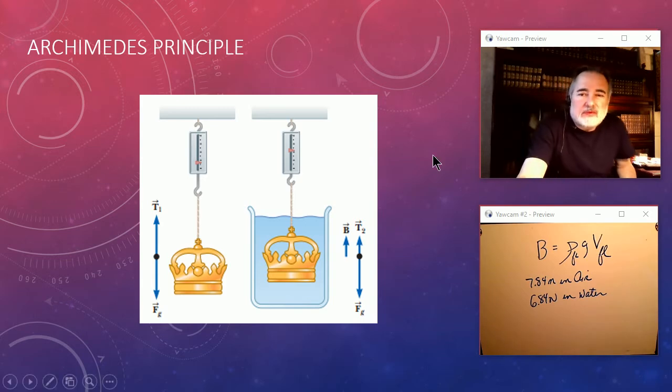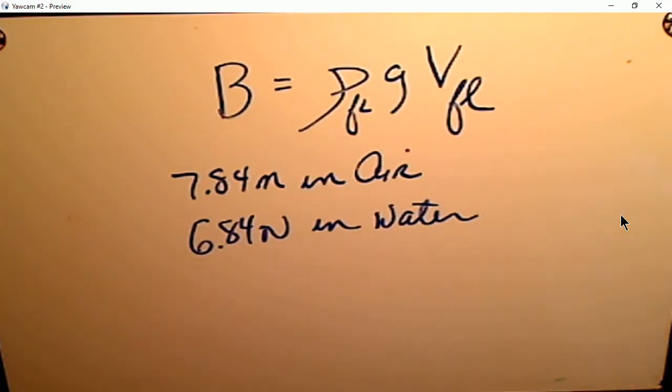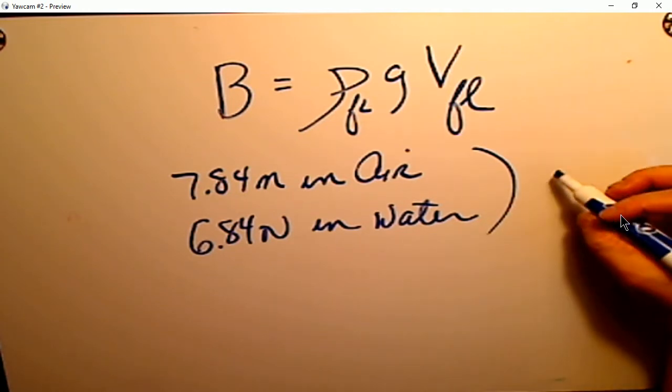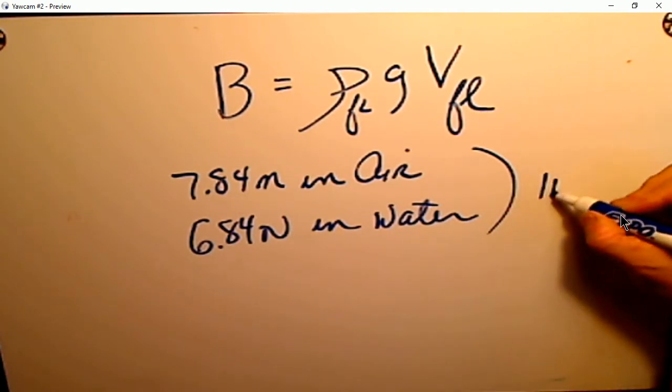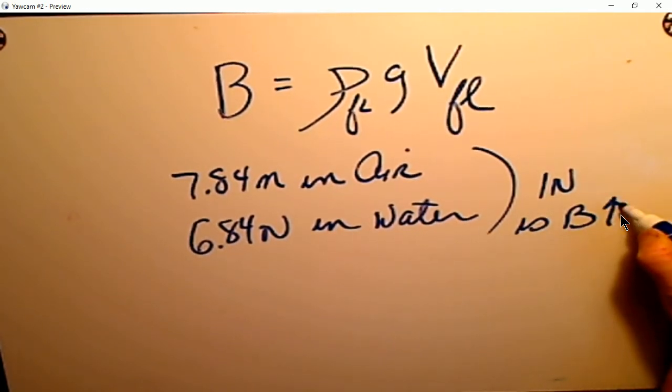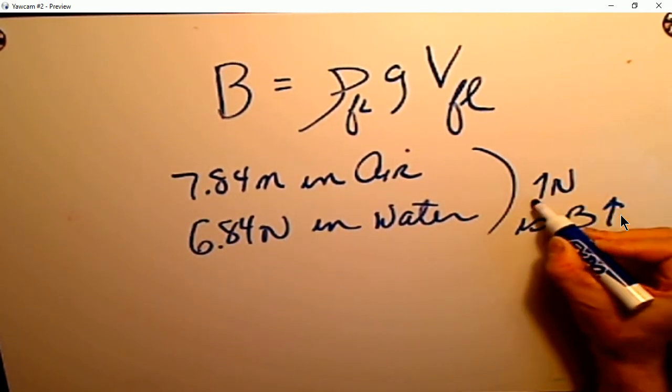Well, why do we think that is? If you think about it, there must be some sort of force that is causing it to weigh less. The difference between these, 1 newton, is the buoyant force. Up 1 newton.